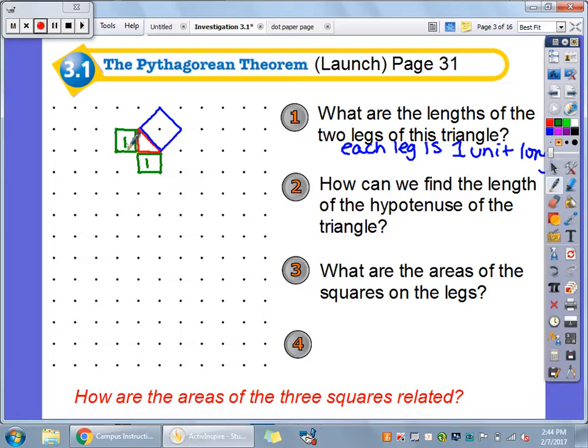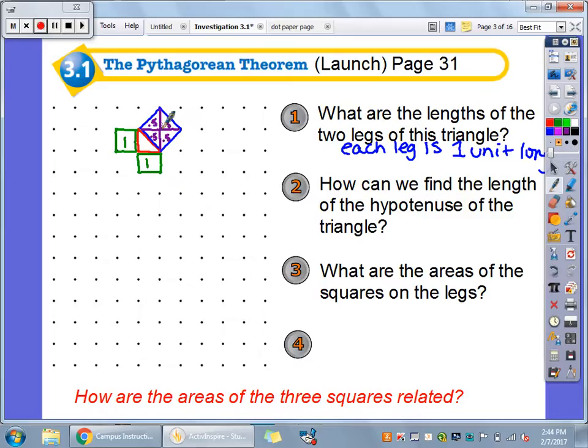Okay. So if we were going to find the area of this blue square right here that comes off of the hypotenuse, what we would need to do is either draw our square around and subtract out the corner triangles, or if we divide this up, we can see that there are 4 half triangles on the inside, and each one of those half triangles has an area of 1/2 or 0.5.